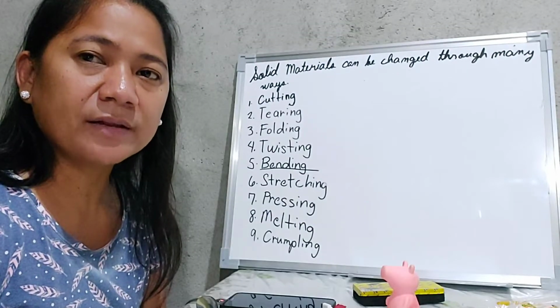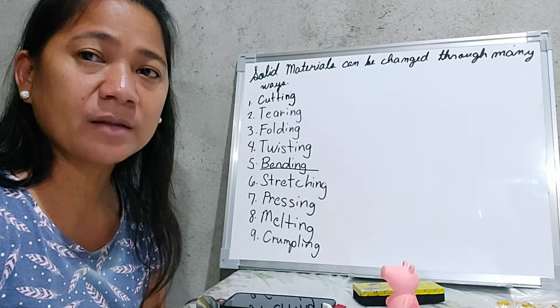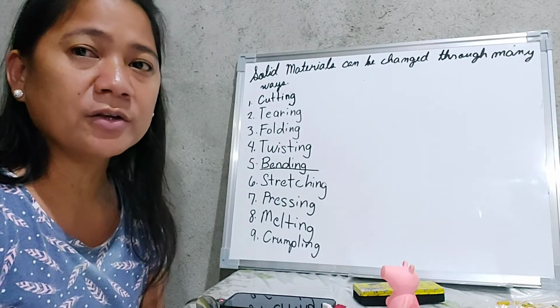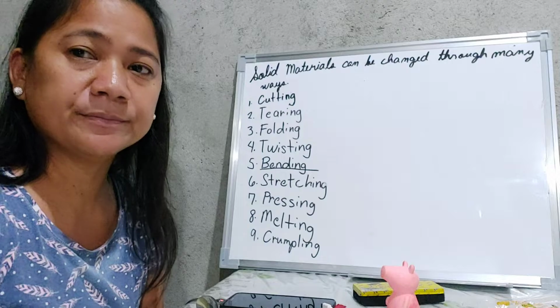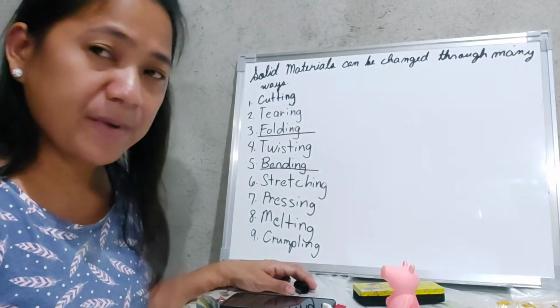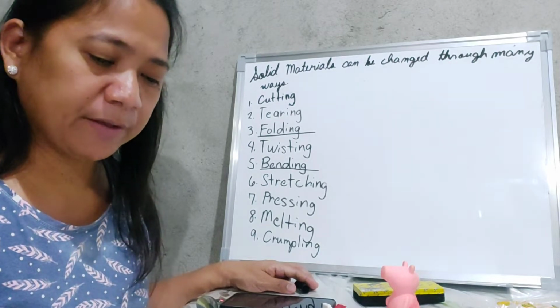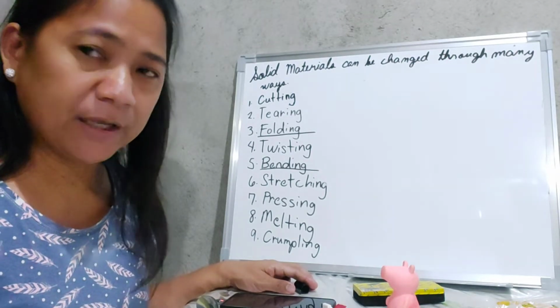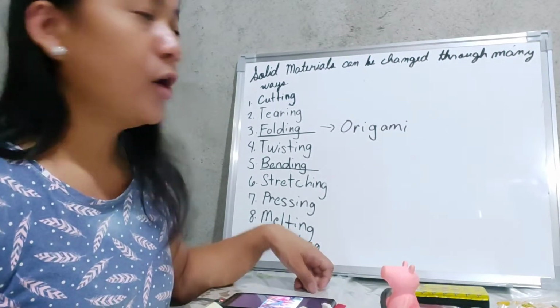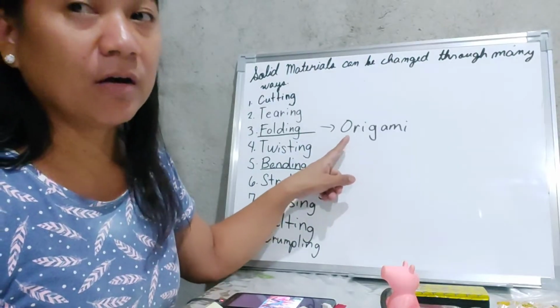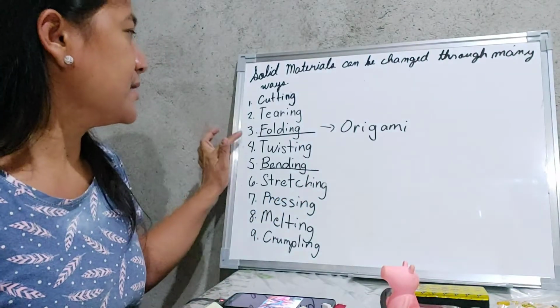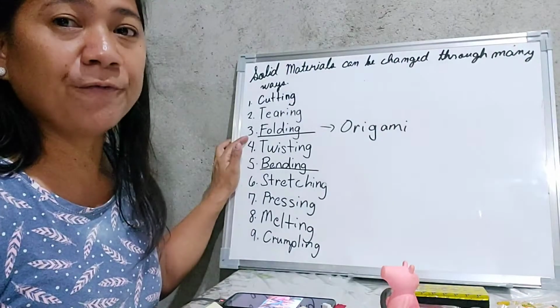We mentioned that solid materials can be folded. So what is the meaning of folding? It means laying one part over another part. Paper can be folded. Origami is an example of folding.